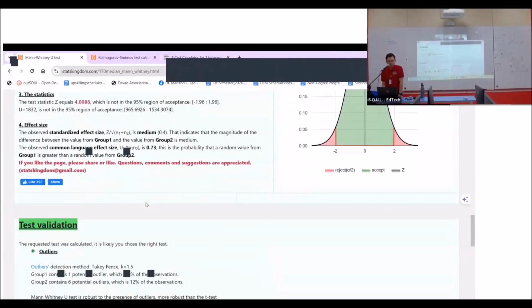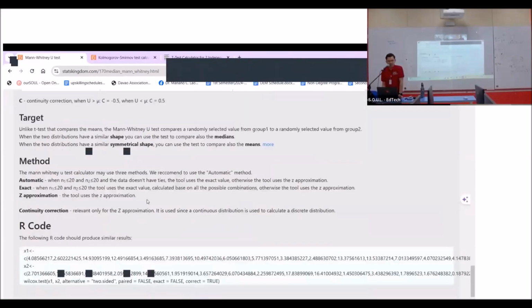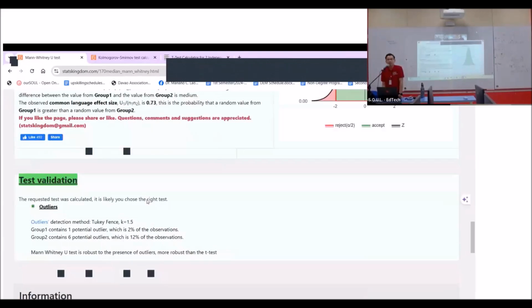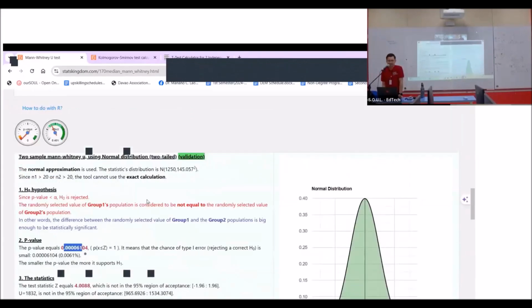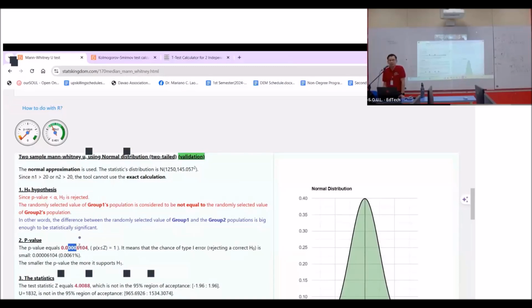Okay? So it means that that is significantly different. Just look at the p-value, which is equal to 0.00061004. Okay? So it has a significant difference because the p-value is 0.000. That's very small.